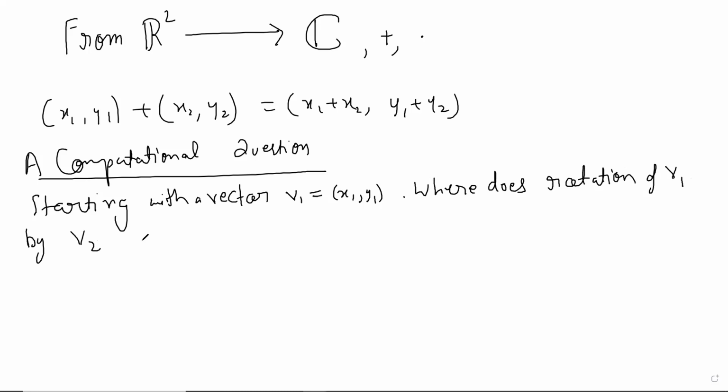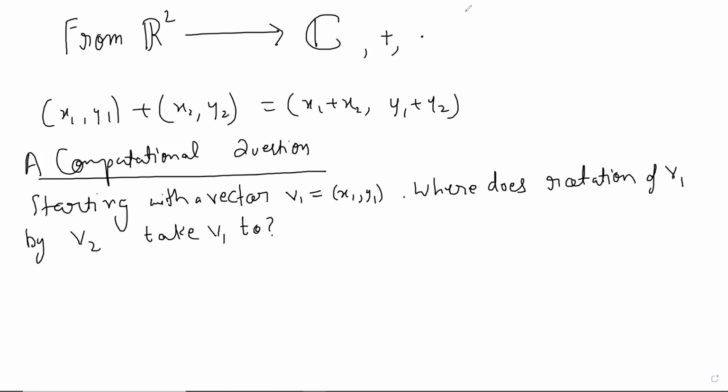I'll explain this. Take v1 and v2, I'm writing it very explicitly, intentionally. Now what do I mean by rotation of v1 by v2?